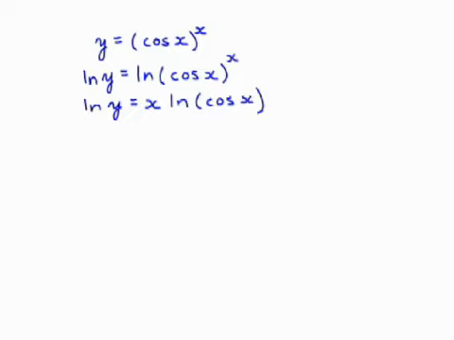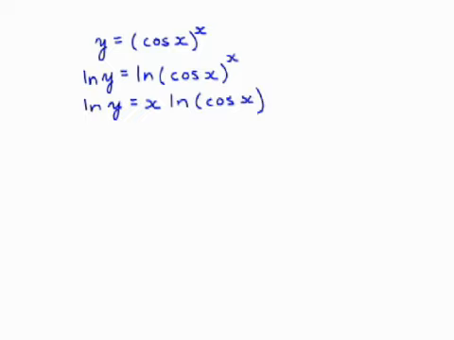What I'm now going to do is differentiate both sides of the equation with respect to x. Now, if my left-hand side had read the natural log of x, its derivative would simply be 1 divided by x. But it reads the natural log of y.